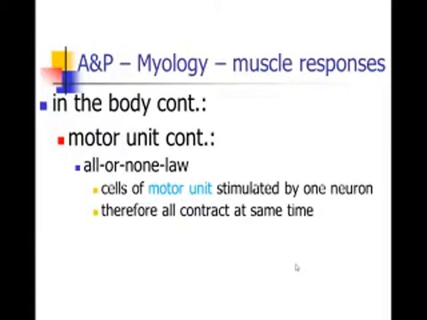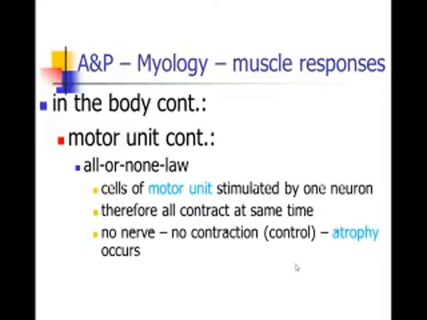It's always enough. And so because of that, all the cells are going to contract at the same time. If you cut the nerve or destroy the nerve that controls our motor unit, then the motor unit will no longer contract. This is, again, all skeletal muscles. Smooth muscles and cardiac muscles are able to self-excite or respond to hormones, but the skeletal muscles do not.